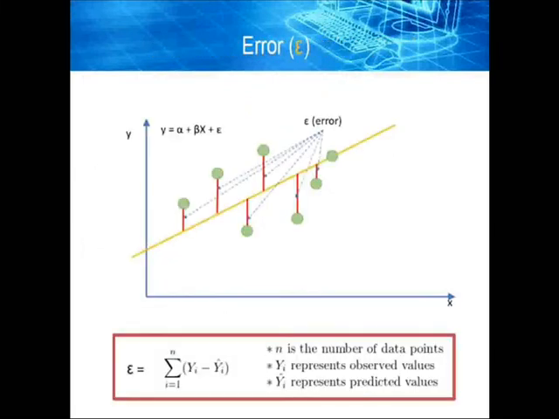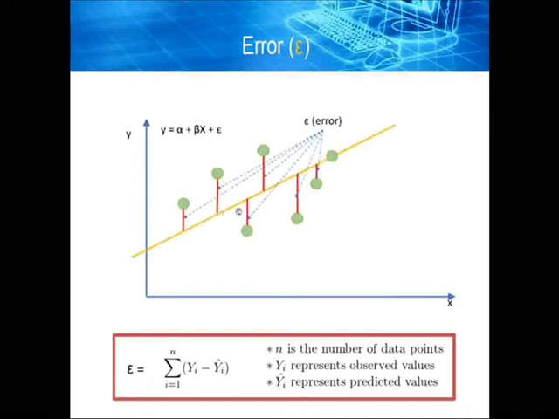Now we want to minimize this error, because we want to initially find what error is obtained, that is, the difference between the observed value and the predicted value. In this graph, one regression line is there, with a number of points below and above it.